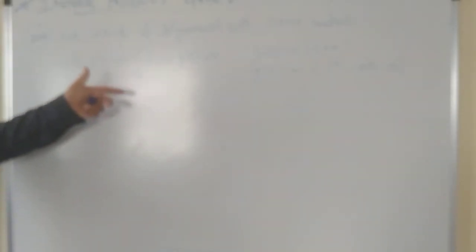Now to calculate the inner product of the two vectors, I will just give you a brief hint for this problem. You have to take the inner product of these two, and for that you need the norm of both vectors, the norm of the first vector and the norm of the second vector. We know this.